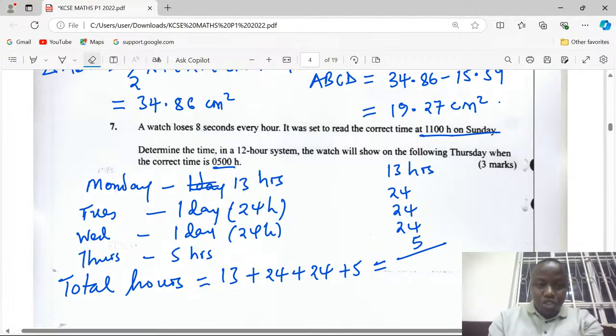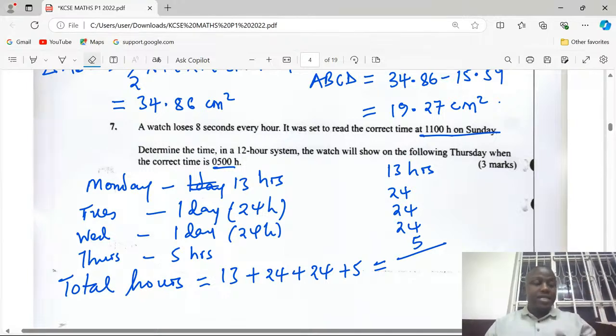We are saying that our watch loses 8 seconds in every hour. It was set to read correct at 11:00 hours on Sunday. Determine the time in the 12-hour clock system the watch will show on the following Thursday when the correct time is 05:00 hours.